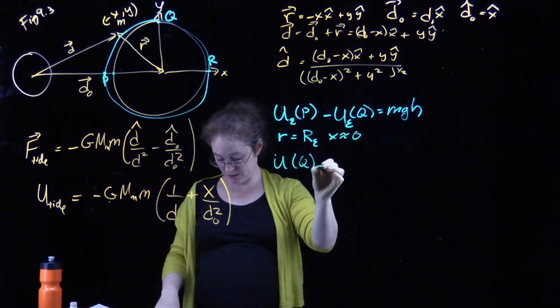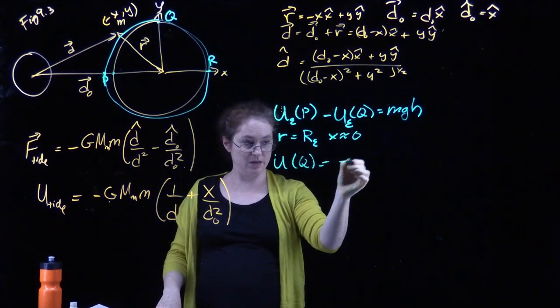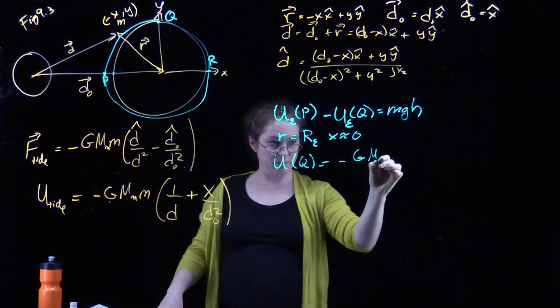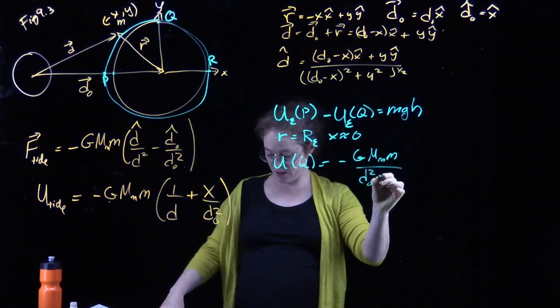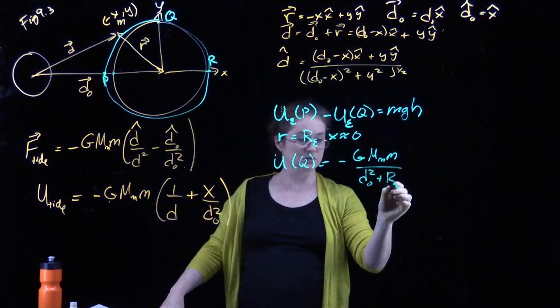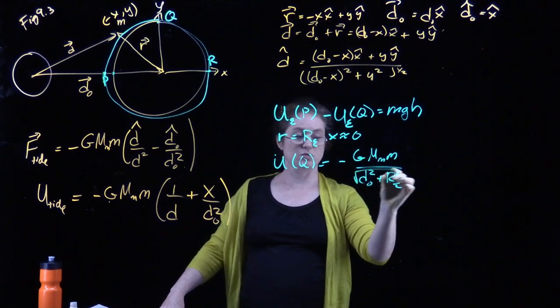This potential is negative GMm over the square root of d naught squared plus Re squared.